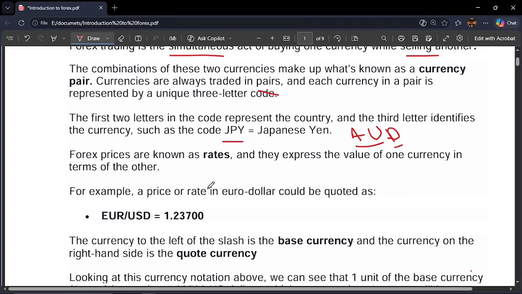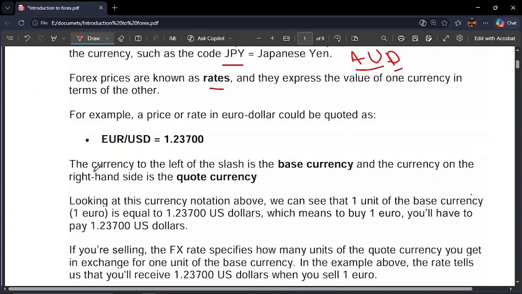And then we should also know that prices of that currency pair are known as rates. We can't specify the real money or the currency for the price, because it's a pair consisting of 2 different currencies. So we take them as rates. And they express the value of one currency in terms of the other. For example, a price or a rate in the euro dollar, or the euro USD, could be quoted as this.